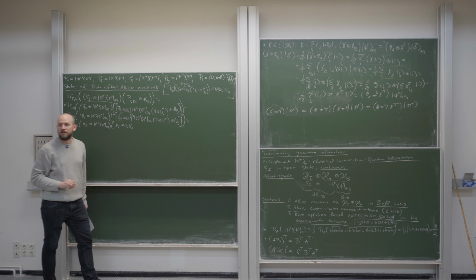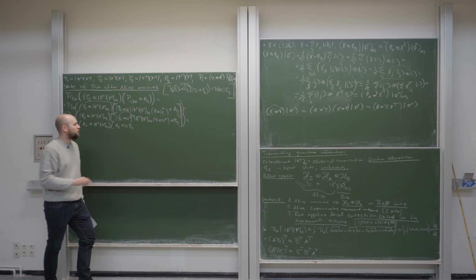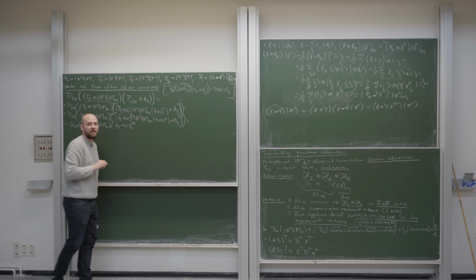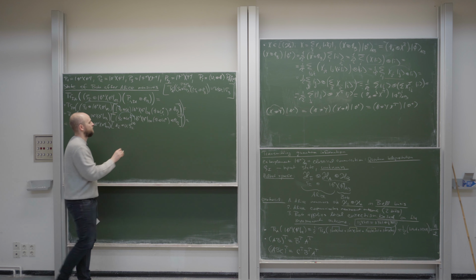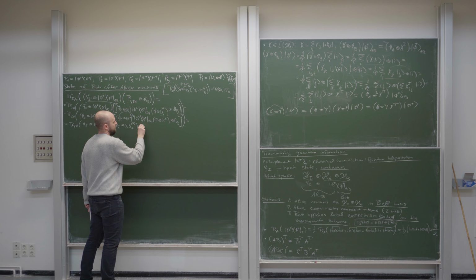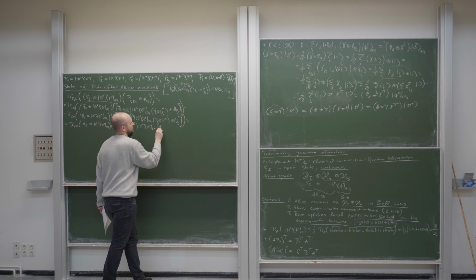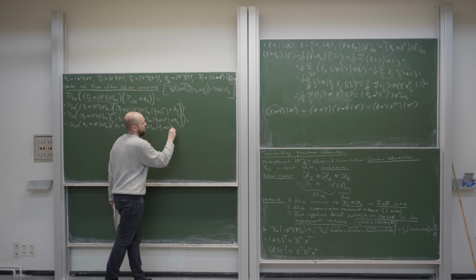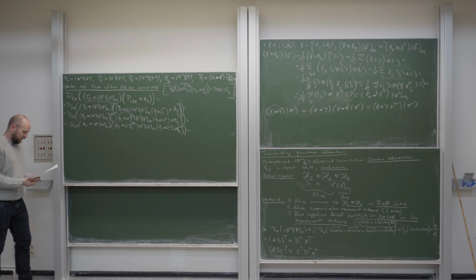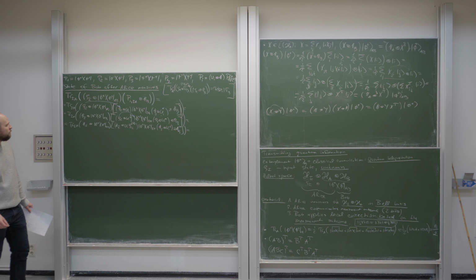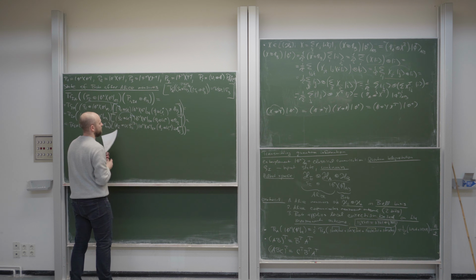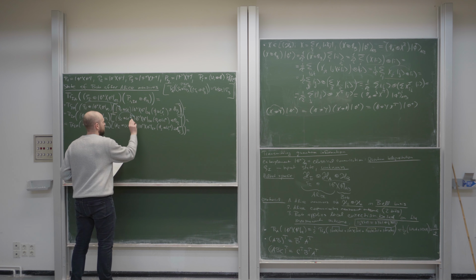Nevertheless, for consistency, I should still denote it with I. But please bear in mind that now it actually lives in Hilbert space A. Rho I living on A.